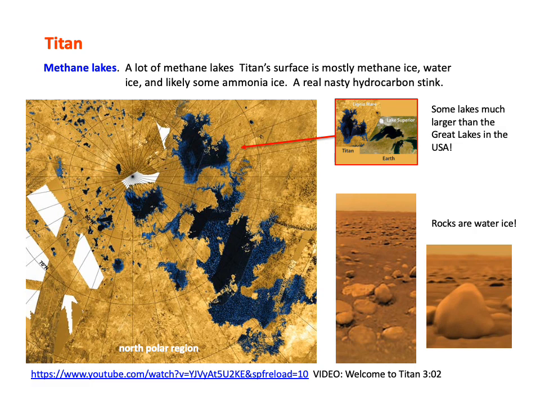You can see that these lakes are surrounding this area. Now there's a red arrow with an image to the upper right with a red border, and you can see there is a comparison between one of the lakes on Titan and Lake Superior and the Great Lakes on Earth. So that's just to give you a feel for how large these methane lakes are.